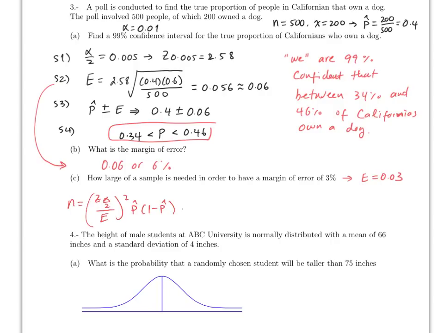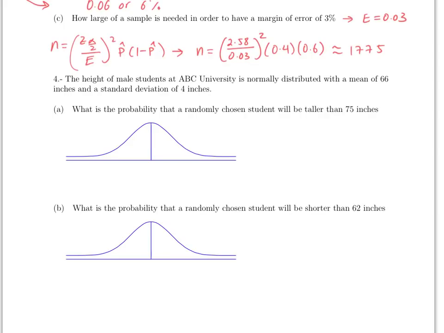If you plug in the values, we have that n is equal to 2.58 over 0.03, which is the margin of error, squared, times p, which is 0.4, and p hat, remember, is 0.6, and if you round it to a whole number, this turns out to be 1775.